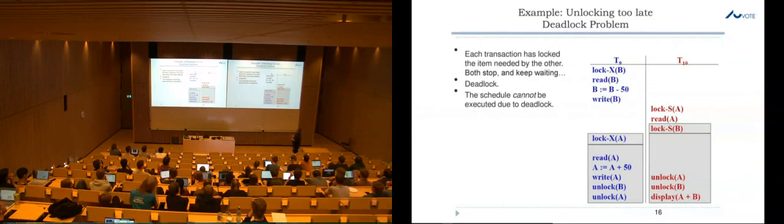So both of them wait for each other. 9 waits for 10, 10 waits for 9, and they're just going to stay there forever. So that's another problem we want to avoid. Okay, and that problem is called deadlock. So there is a way to follow a rule that avoids this problem, and it's called two-phase locking, and I will tell you about it after a break.